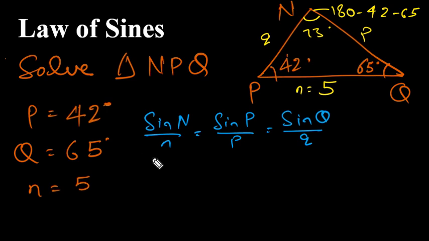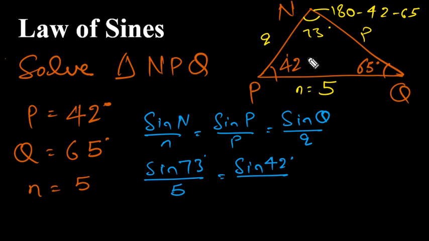Okay, sine capital N, 73 degrees, over 5, equals sine 42 degrees over p, which is unknown. So first I need to solve these two equations. So p will be how much?